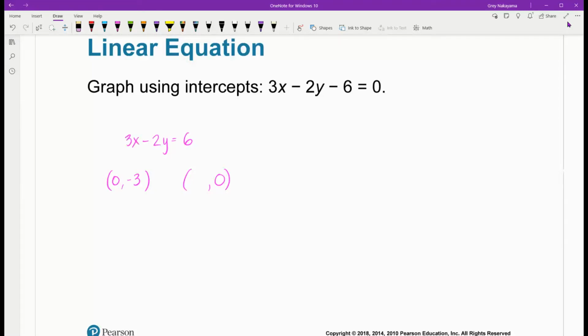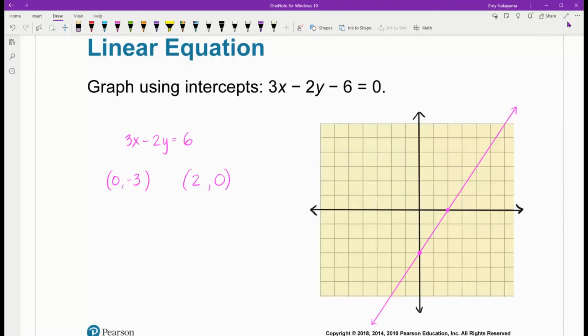Okay? And on the next one, y is 0, so I get rid of the y part, and that makes x equal to 2. So I have now easily found the x- and y-intercepts, and therefore now it's easy to graph, because all I have to do is plot (2, 0) and (0, -3), and graph it.